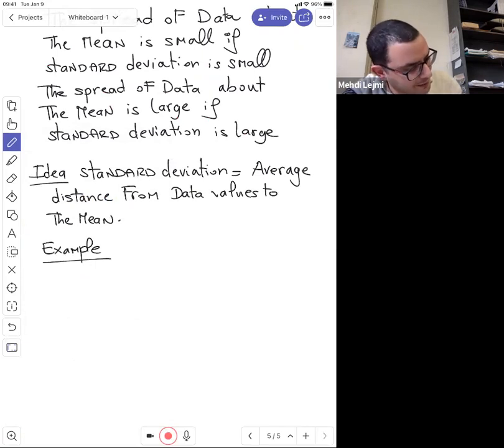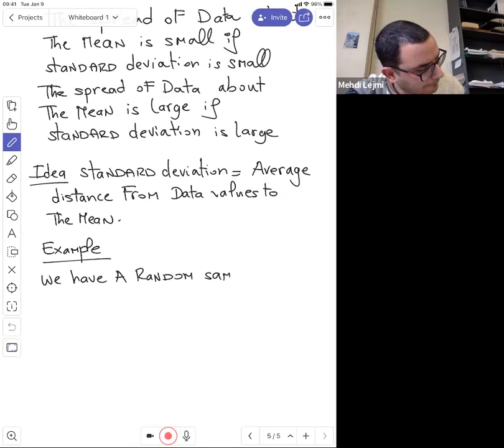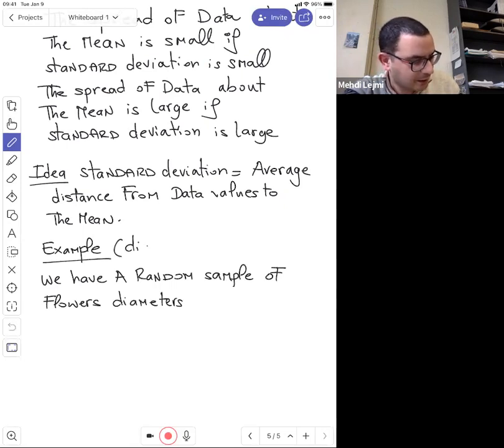We have a random sample of two hybrids of flowers' diameters. This example was discussed last week.